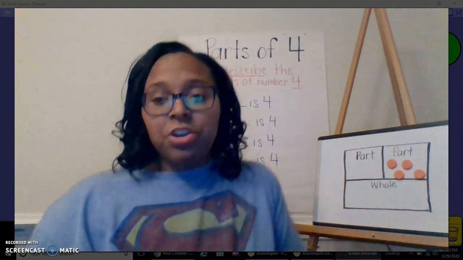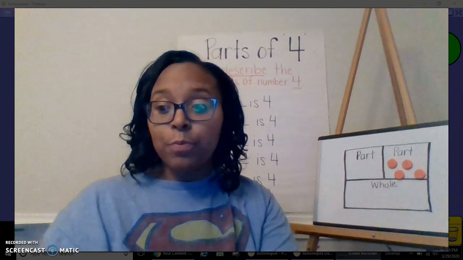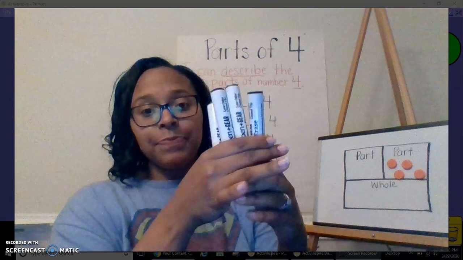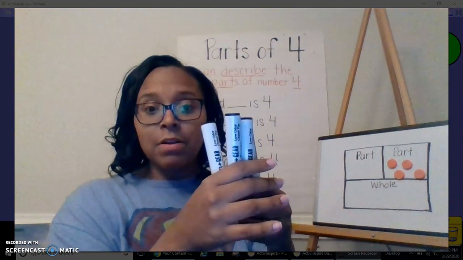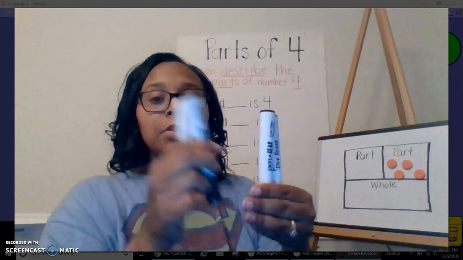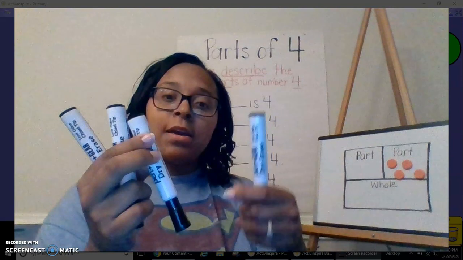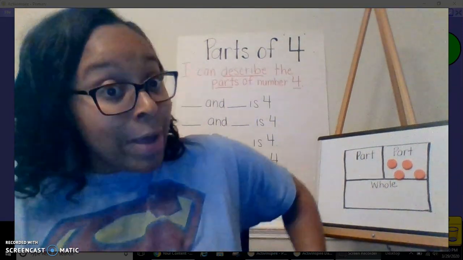So I'm going to show you another way to do that using something electronic. You can use things at home, like I have 4 markers, and you can play the game like the missing number. So remember, we always say how many we are working with. We have 1, 2, 3, 4. And I'm going to put them all behind my back.